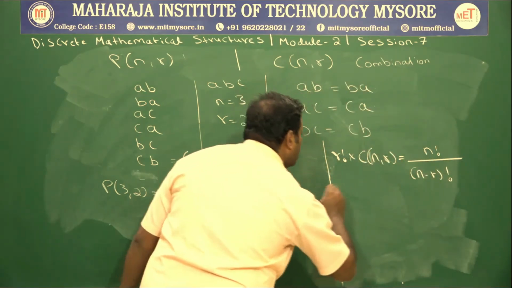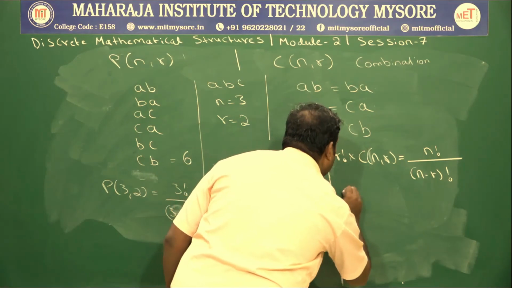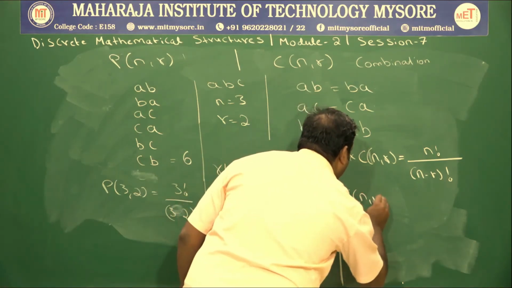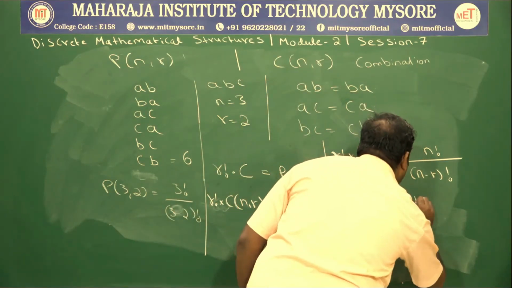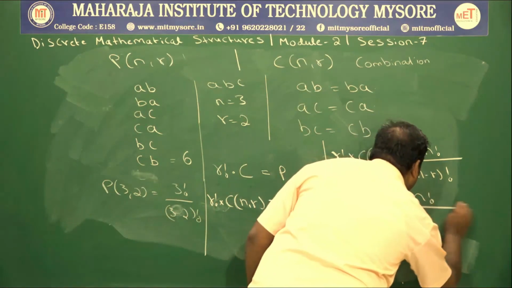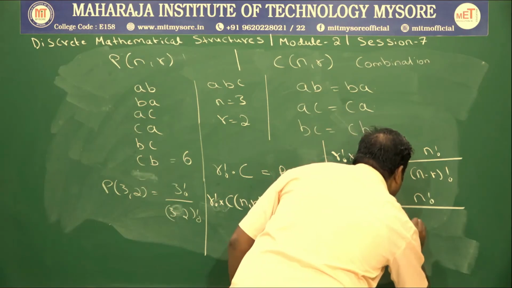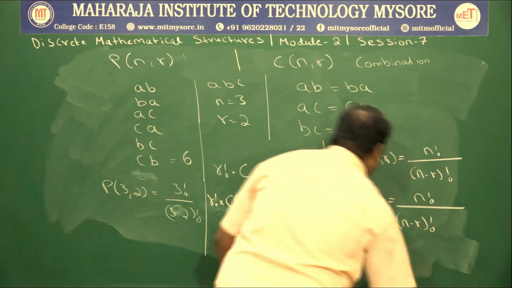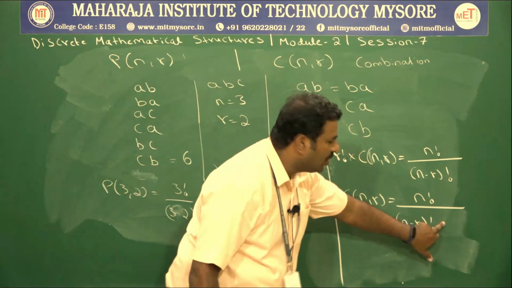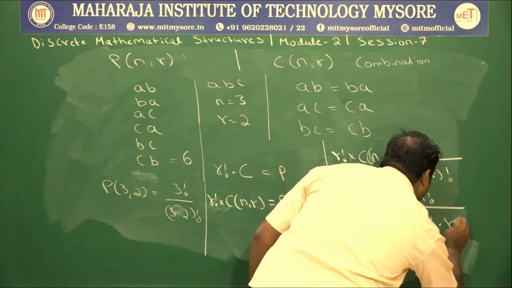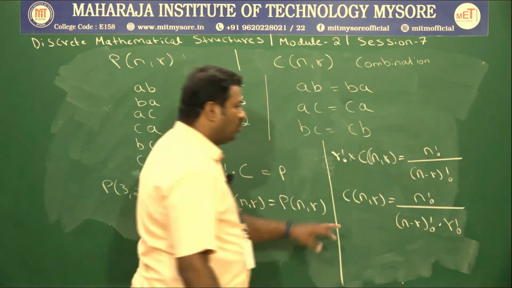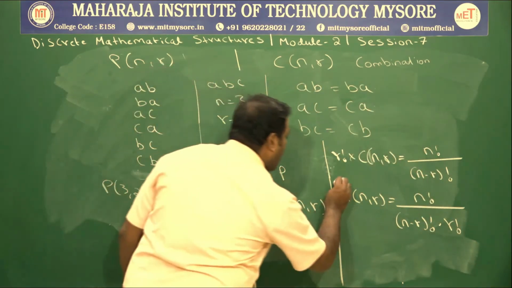So now I am just going to have C of n comma r equals n factorial divided by n minus R factorial, and I am taking this R factorial to the denominator. I am going to multiply this with R factorial. Now this is what the combination is going to be all about.